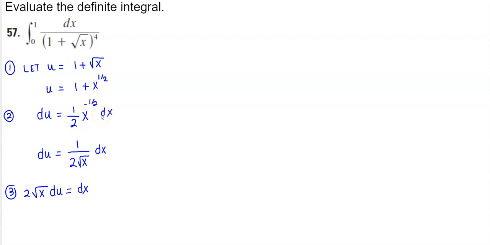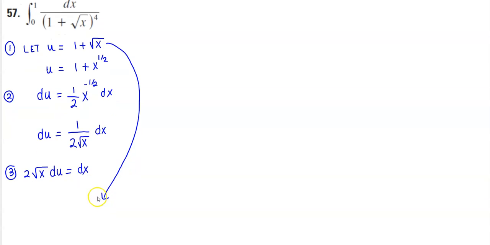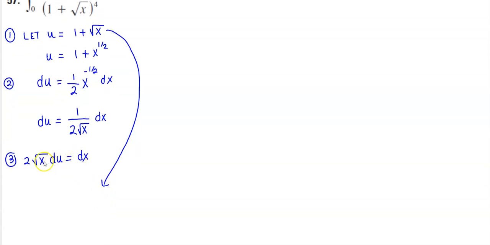Okay, so what else do we need to do? Well, we also need to determine what x equals, so we need to solve for x, because we're going to have to plug it in for this x here. So we know that 1 plus the square root of x is equal to u.